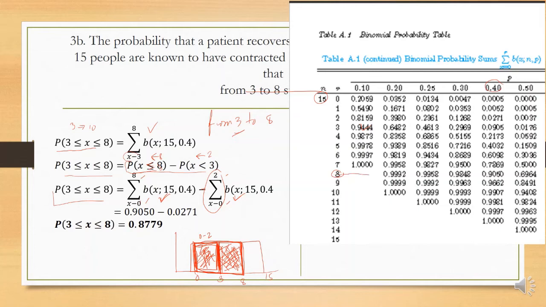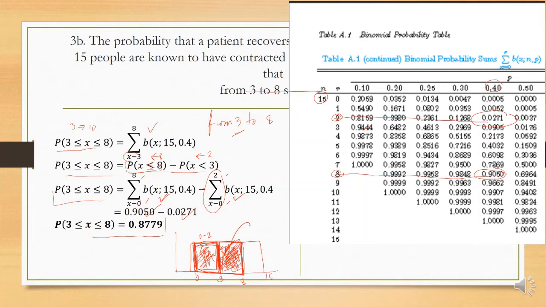The intersection will give us 0.9050. And yung 0 to 2, so ito yung 2, doon na naman tayo sa 0.027, this one. When we subtract that, we get 87.79%. Itong area na to.